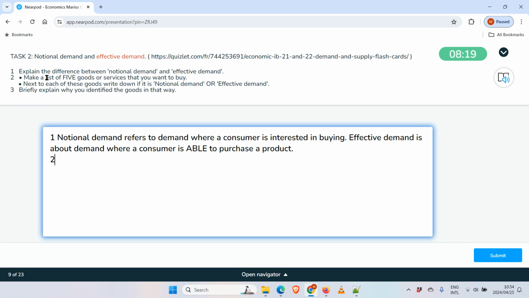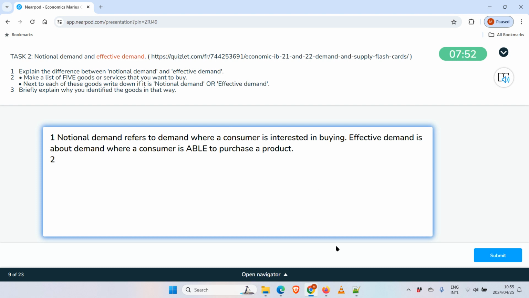For number two, make a list of 5 goods or services that you as a student want to buy. Next to each of these, write down whether it's a notional demand or an effective demand. And number 3, briefly explain why you decided that way.